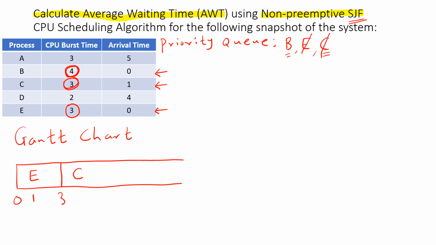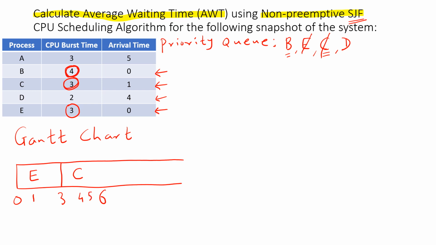Again, since the algorithm is non-preemptive, C will keep on using CPU until it wants. So C will use CPU until time unit 6. At time unit 4, a new process D enters the system and sits in the queue without disturbing the currently running process.